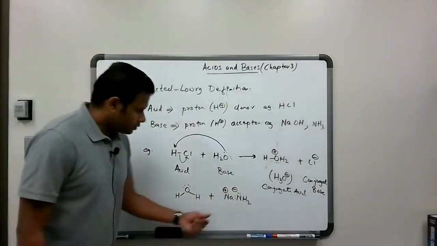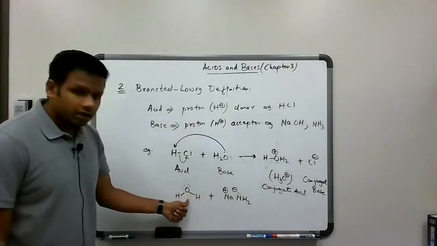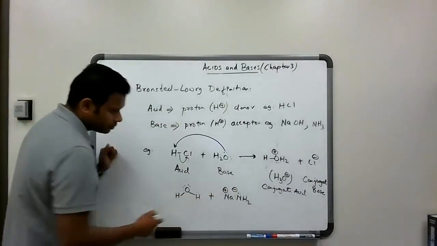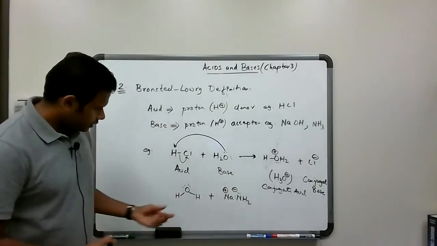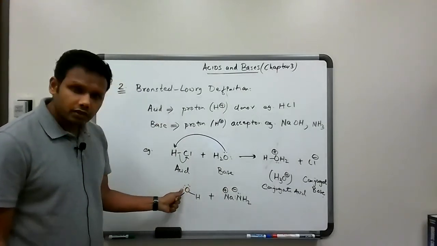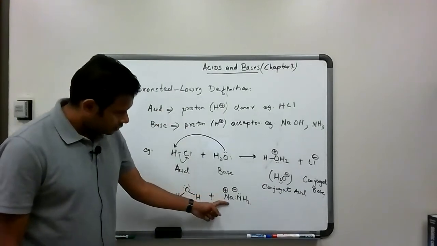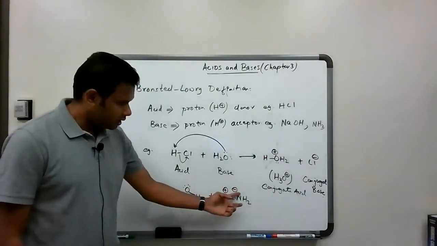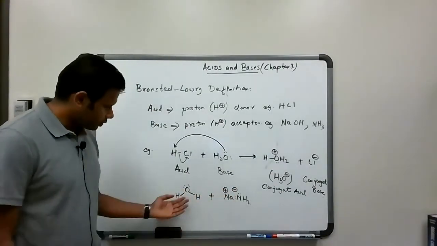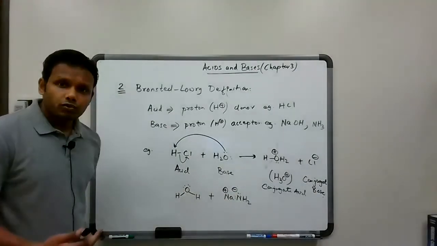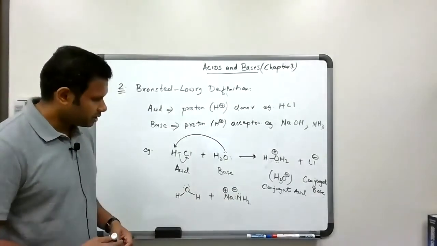So let's say sodium amide and a water molecule here. If you have these two, you would notice that you have water where oxygen has lone pairs on it, and you have this other species which has a nitrogen with a negative charge on it, and that basically has lone pairs on it. So you have two species which have lone pairs on them. So which one would be the acid, which one would be the base?